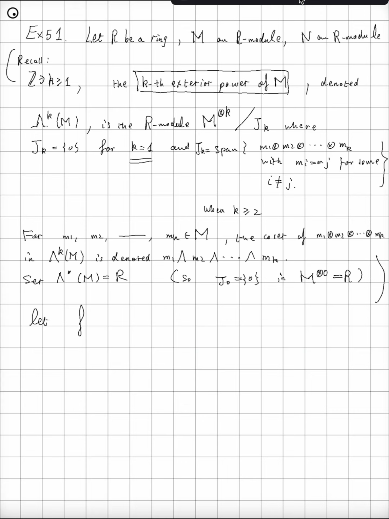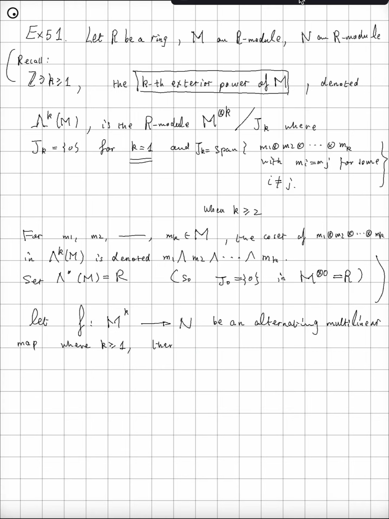Let f from M to the power k to N be an alternating multilinear map, where k is bigger or equal than 1.